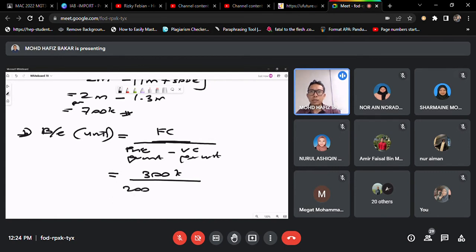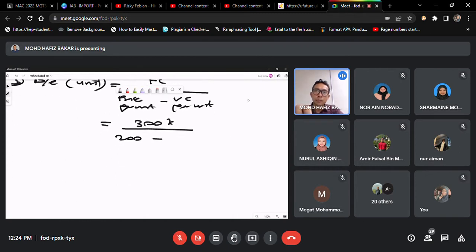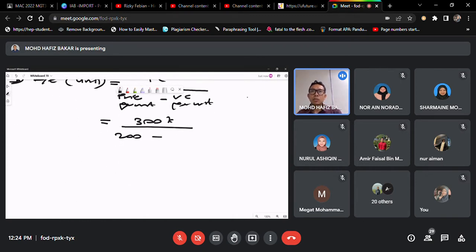And variable cost per unit, kalau ikut the one that provide in the information dekat table tu, they are total variable cost. Kan? Total variable cost is 600k. Okay, the one in this formula you need to find variable cost per unit.